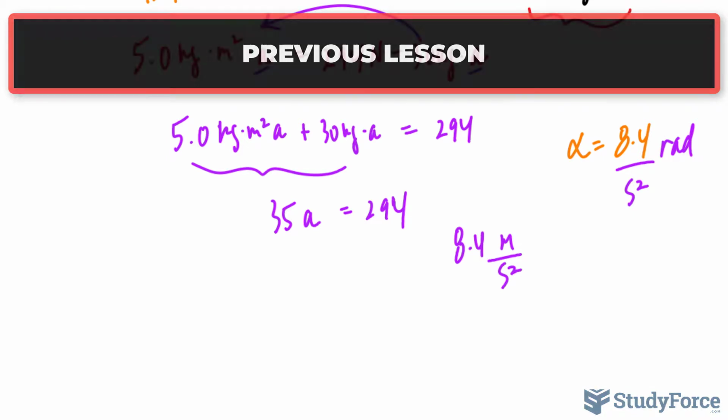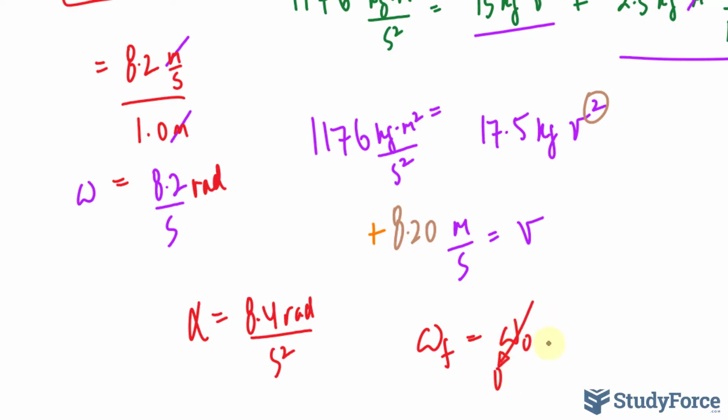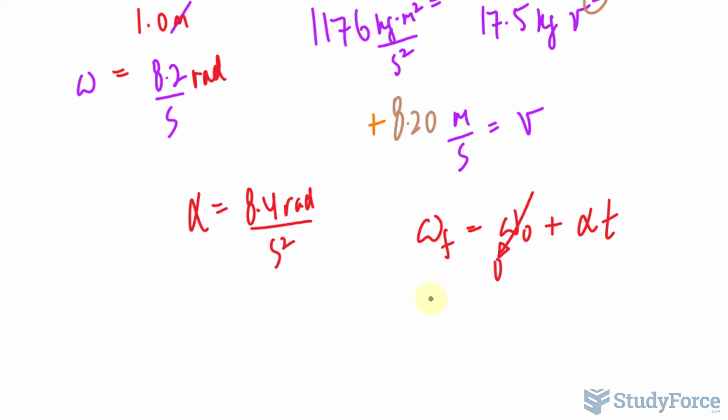So let's go ahead and write that in. There is a relationship between the angular velocity and angular acceleration in time, where the final angular velocity is equal to the initial angular velocity, which is 0, we're told that it's at rest, plus the angular acceleration times time.